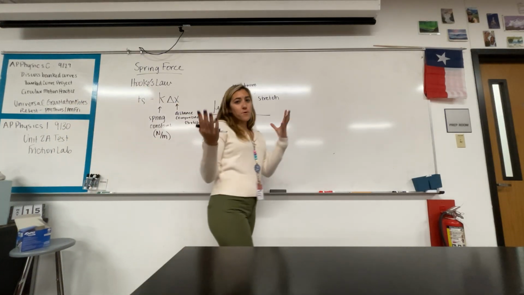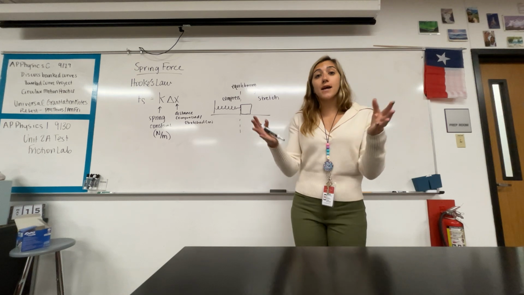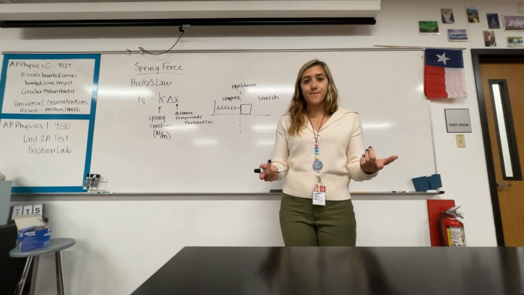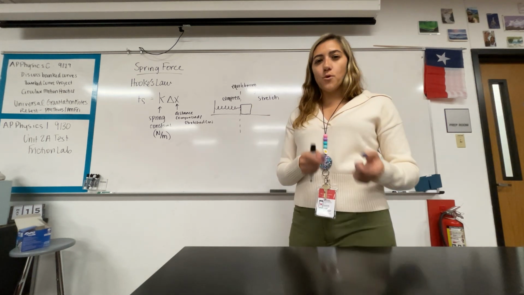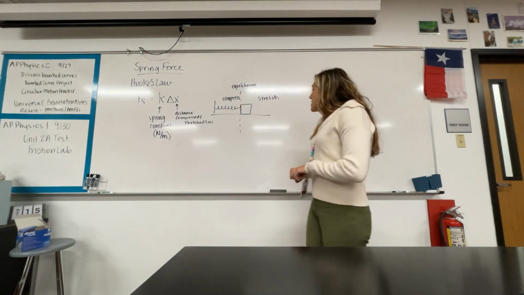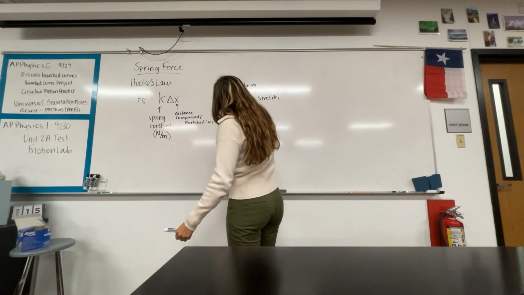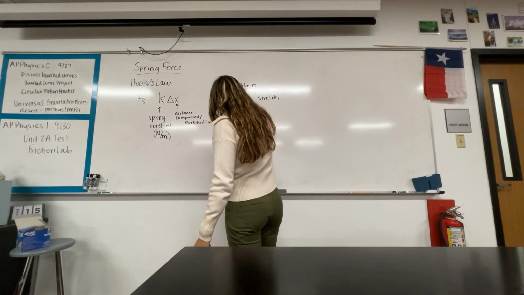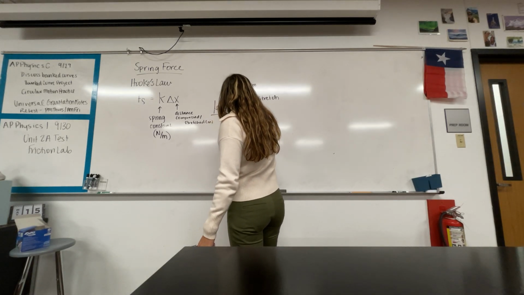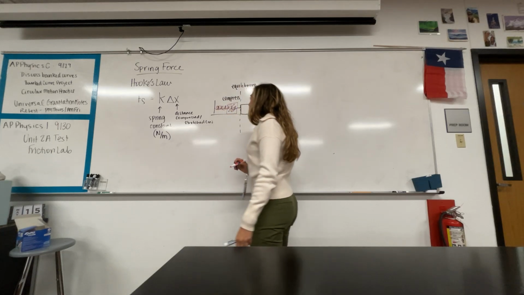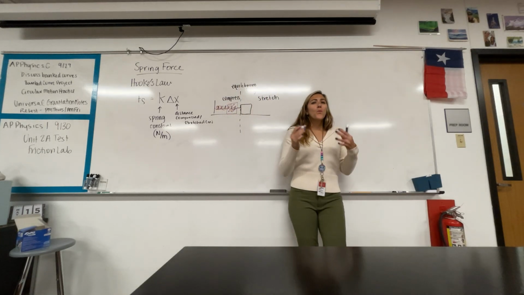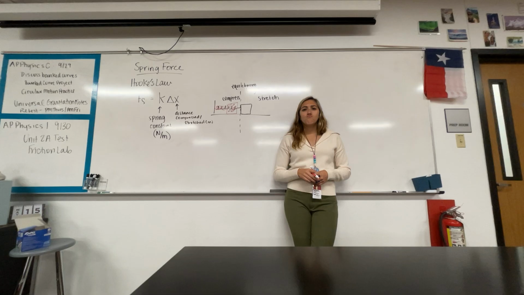So the amount of force is dependent on how much I stretch or compress the spring. But which way does it point? Well, if I compress this spring, so I have compressed it, and now my block is sitting right here. Which way does the block want to go?